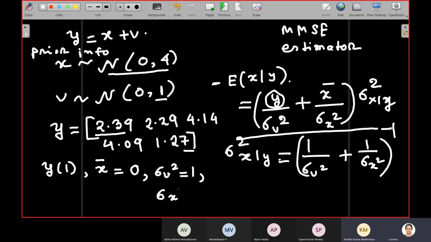Sigma x square is also known, it is 4. So we know everything that we need to know. We can find this one and put it here. Then everything we know, so we get this one.